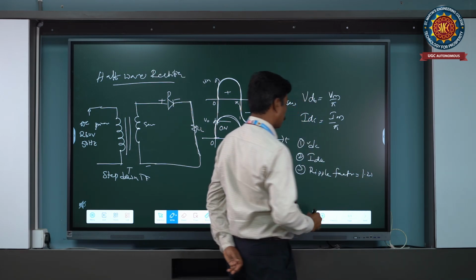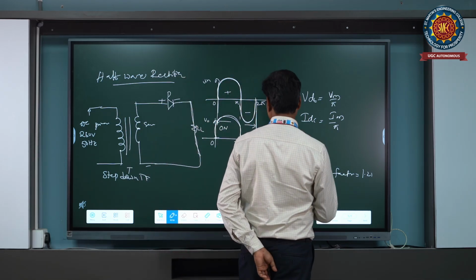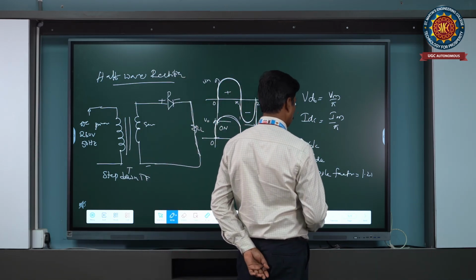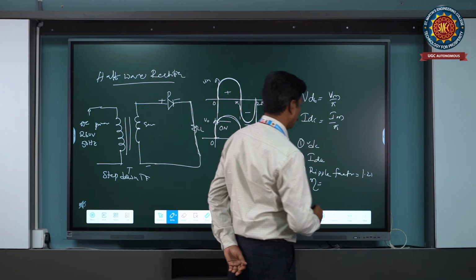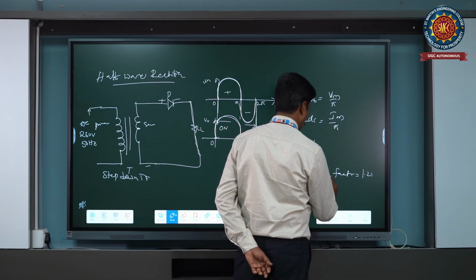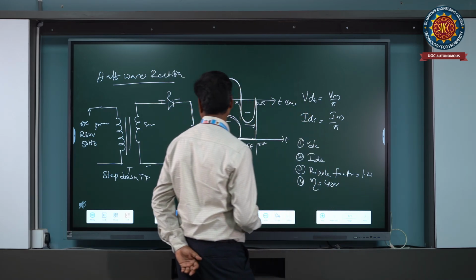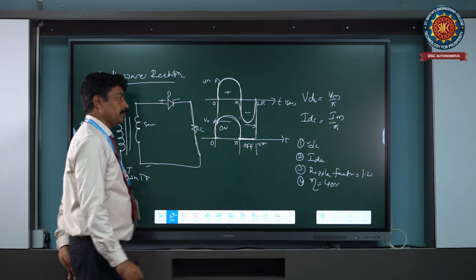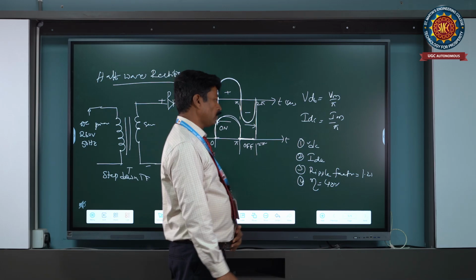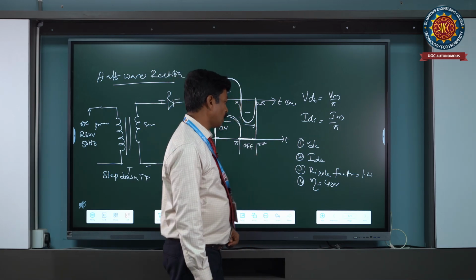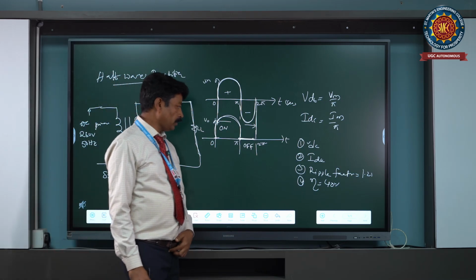The ripple factor of the half-wave rectifier is 1.21. The fourth parameter is the efficiency, which is 40.6% for the half-wave rectifier. So the main parameters are the DC voltage, the DC current, the ripple factor, and the efficiency.